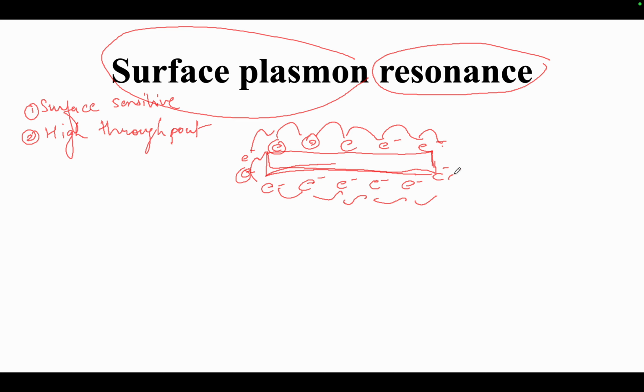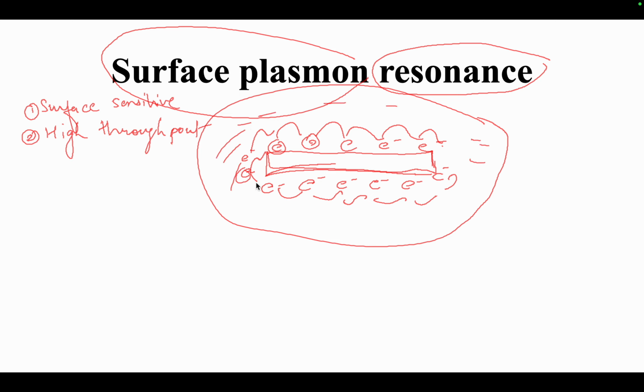In the presence of an analyte, if we have an analyte solution surrounding this metal surface, there will be a change in the resonance, and this can be captured by a light source.